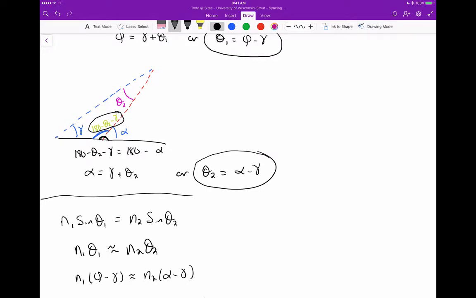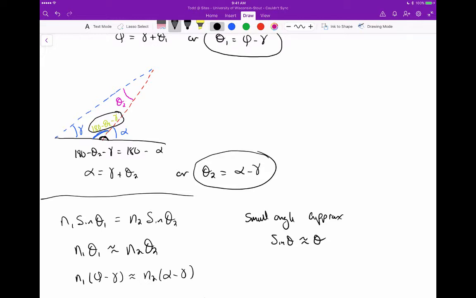Now we're going to use Snell's law to find a relationship between theta 1 and theta 2 at the surface, and because we are assuming that theta 1 and theta 2 are very, very small, much, much smaller than 1, then we're going to do the small angle approximation, which is that the sine of theta is approximately theta.